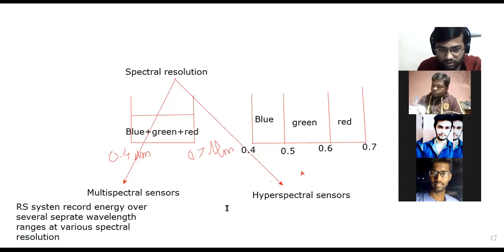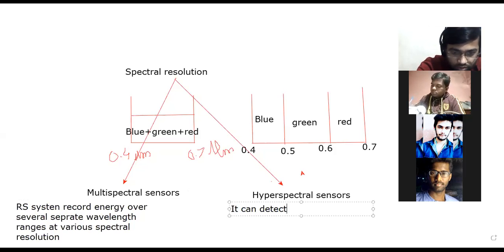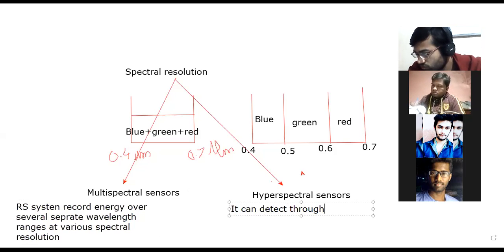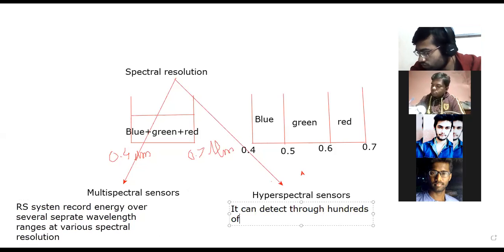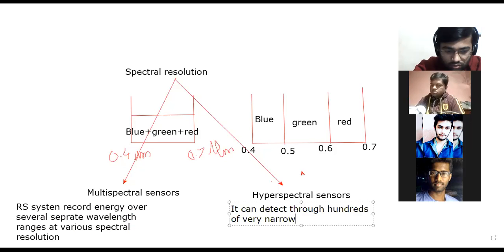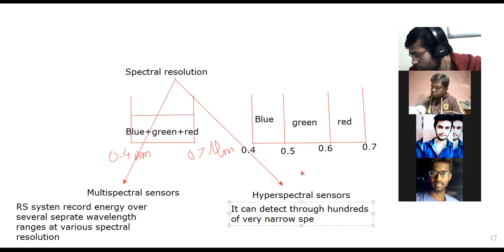And in case of hyperspectral, it can detect through hundreds of very narrow spectral bands.